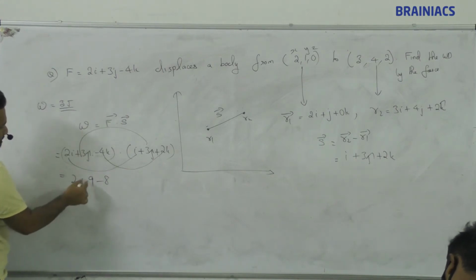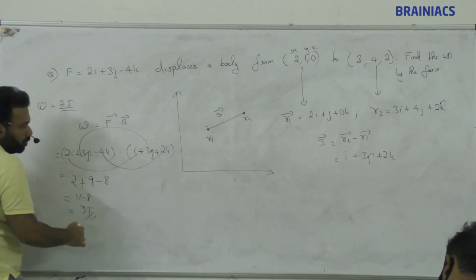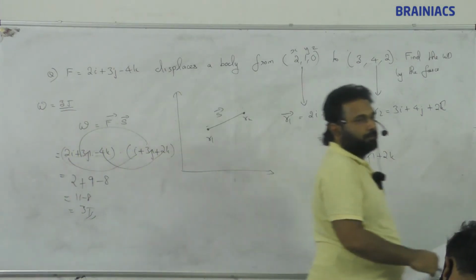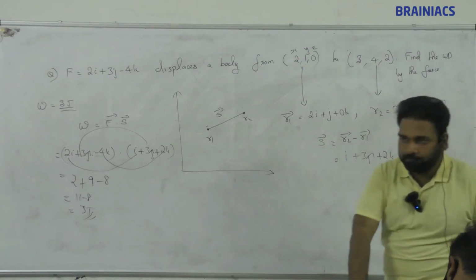This is 11 minus 8, which is 3. Understood? Clear? Any doubt in this? Wherever you get a position vector, use the same approach. We'll do another question.